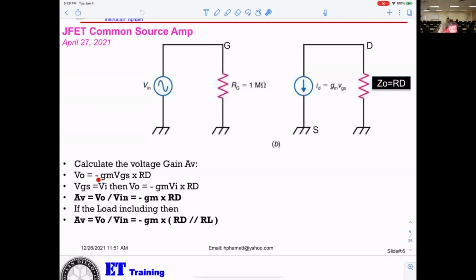The minus sign is telling you the input and output will be opposite. Input positive, output negative, and input negative, output positive, okay?